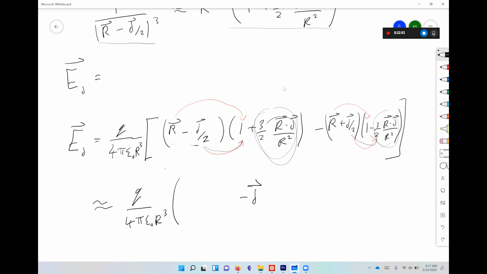It's going to be plus D over 2, the same term, so it's going to cancel. A lot of terms are going to cancel. What we're going to end up with is 3 R dot D over R squared R. Only those terms that multiply R will remain. Okay. So this is the expression that remains.